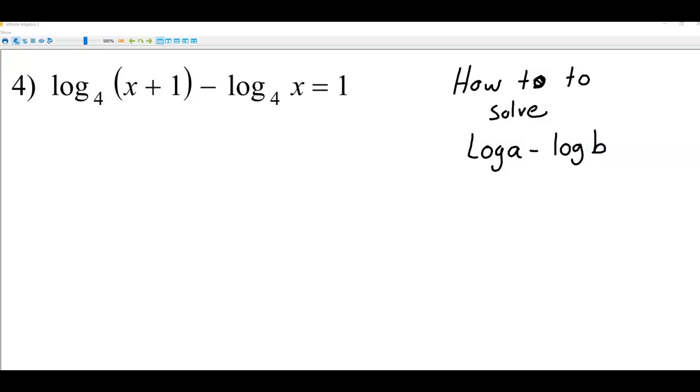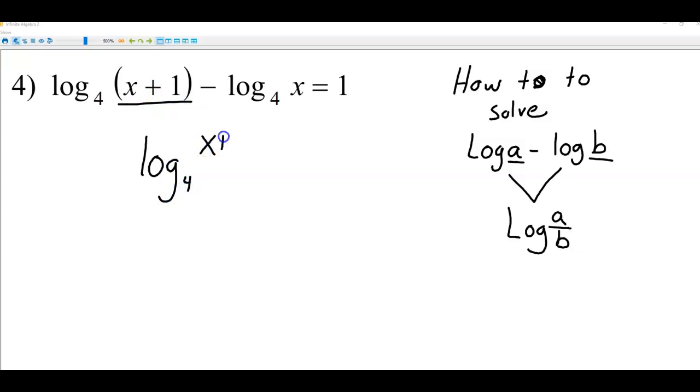What we're going to do is put those together into one log by dividing these two things. Okay, so for this one I can put these two into one log if I take this thing and put it in the numerator, and this thing and put it in the denominator.